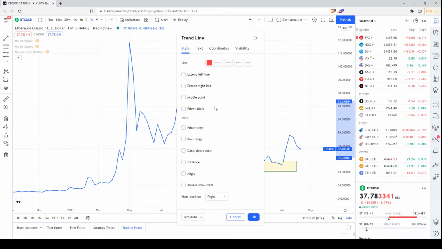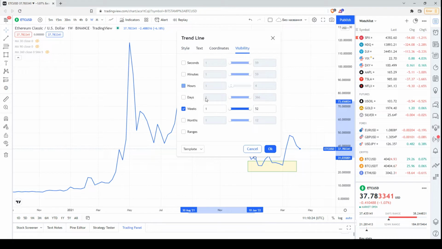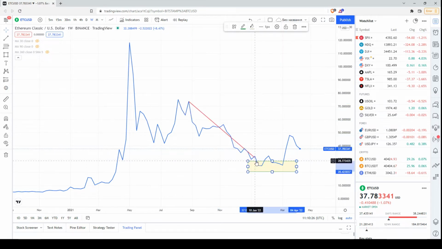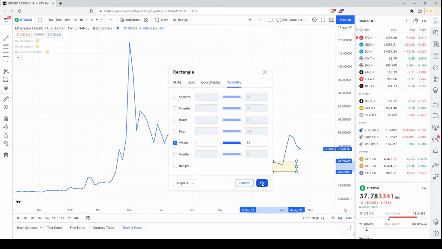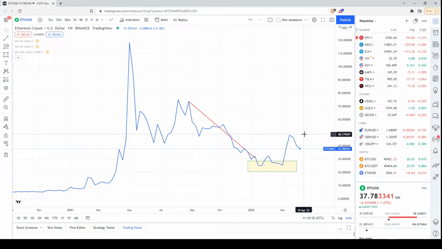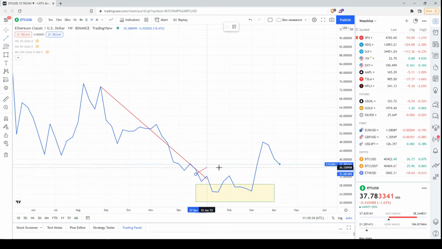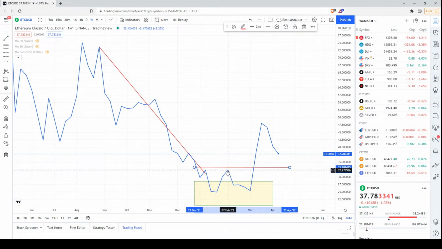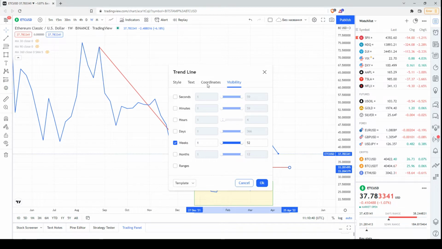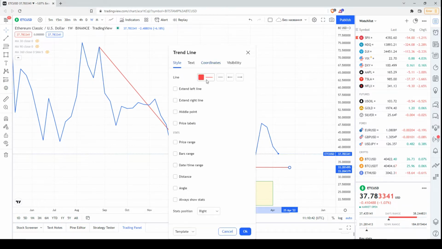So let's say we had a correction here in the weekly chart, and then a double bottom formed, and now the price is rebounding. I would like to say that the key support at the moment is the local high between the two bottoms. So this is the key support. Let me change the style of this line.